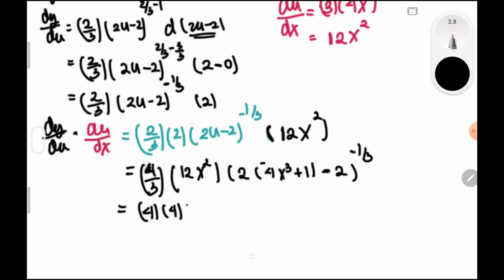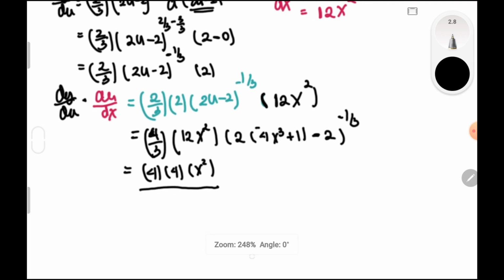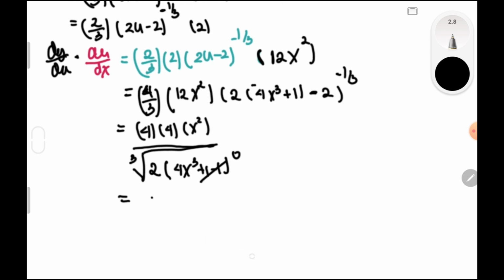4, so multiplied by x squared divided by the cube root of 2. So factoring 2, we'll have 4x cubed plus 1 minus 1. So 1 minus 1 is 0, so we'll have a value equal to 16x squared divided by cube root of 2 multiplied by 4x cubed.